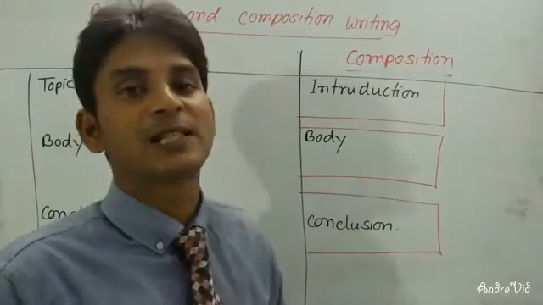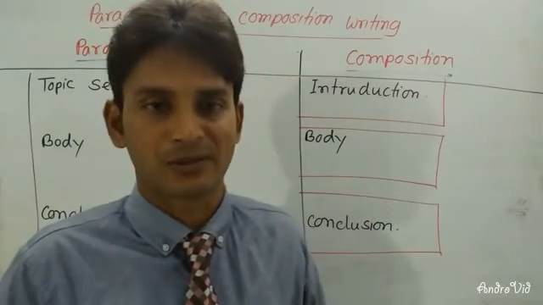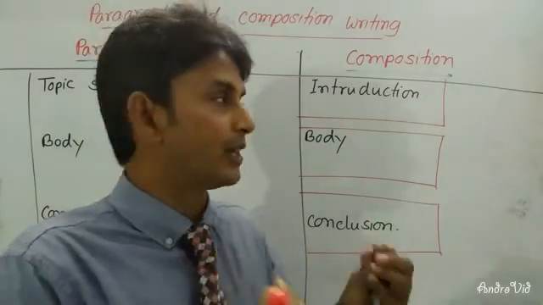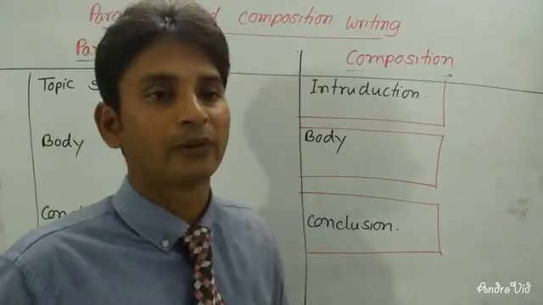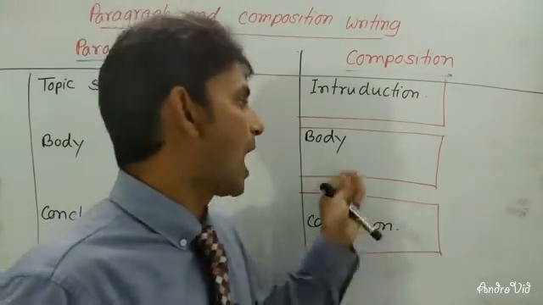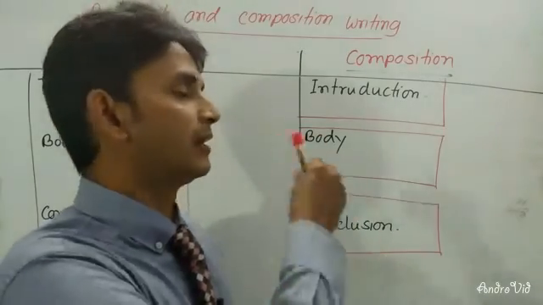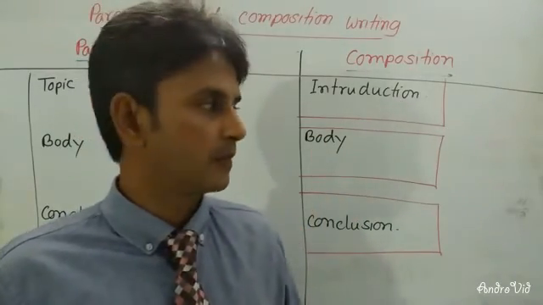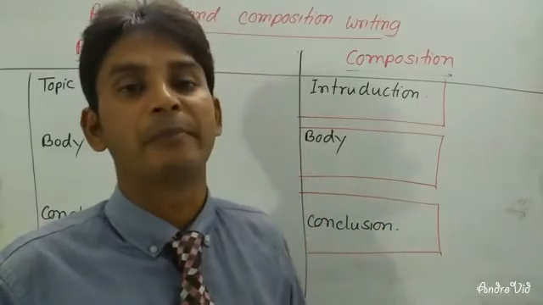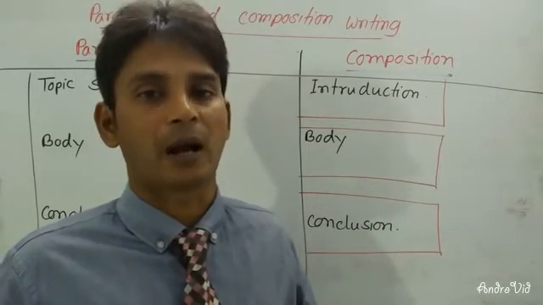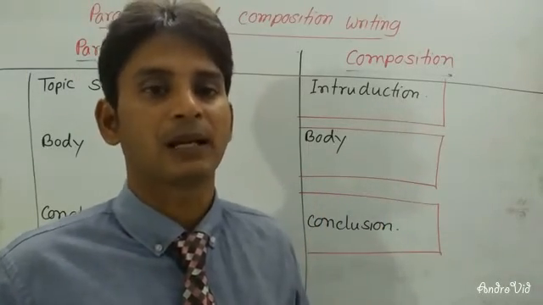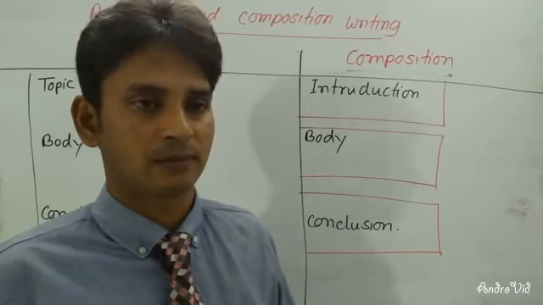In the first para, you will write the introduction, and the reader will understand or guess what you have in the body and conclusion after reading it. And in the body, you may have more than a single para. It may be classified into different paras.